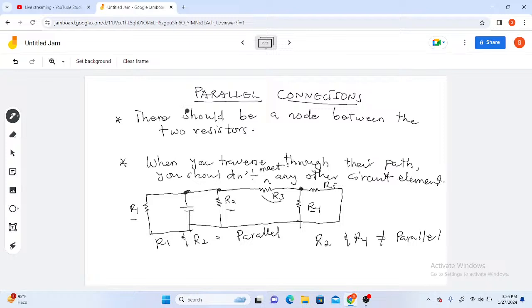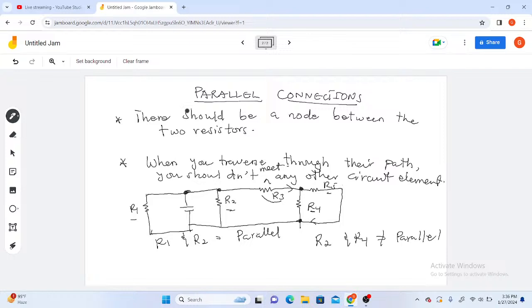Now let's see R4 and R5. R4 and R5, is there any node? Yes, this is a node, because when current is coming in, it will either pass here or pass here. That is, a decision is going to be made. Likewise, when current is coming in, it will either go up or come here. Hence, the first condition is satisfied.